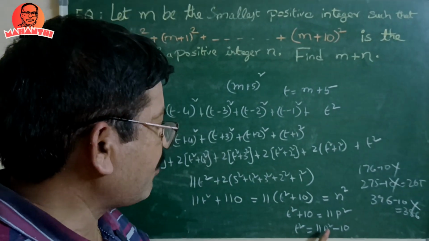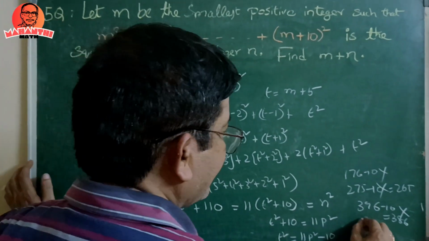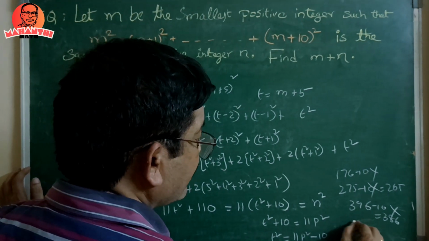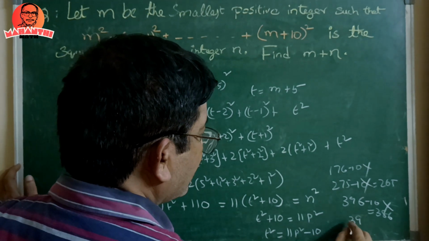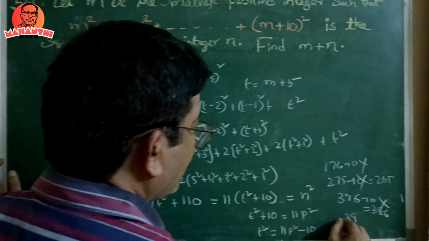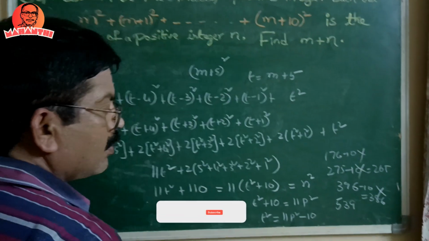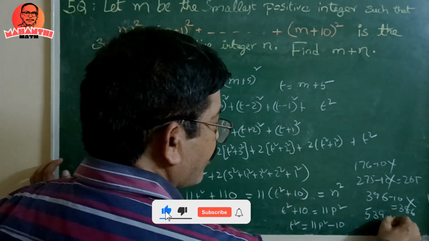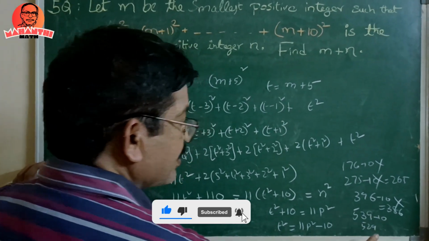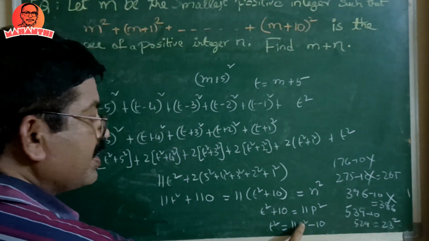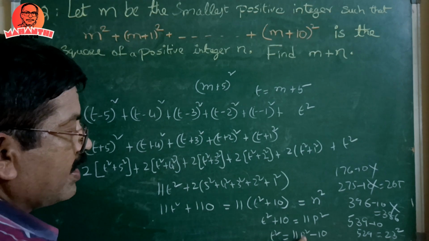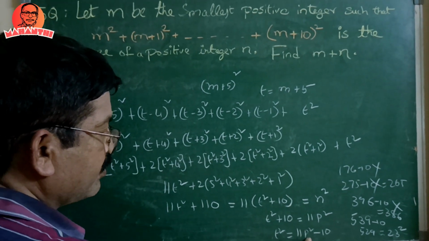Next perfect square is 49. 11 into 49, how much will come? 539. Now we see minus 10, 529. Yes, 529 is 23². So here p² value we have to take 49, means 7² value.